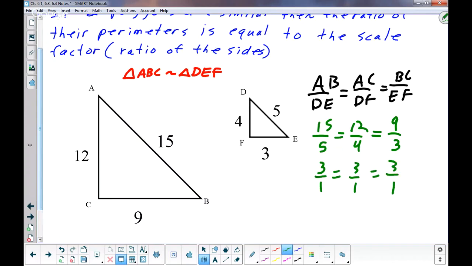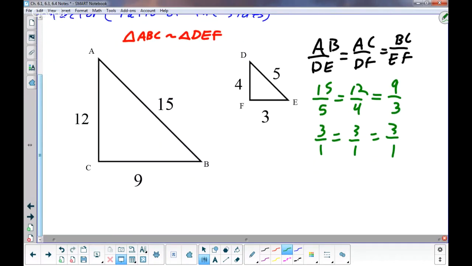So let's do the perimeters of each of them. So the perimeter of triangle ABC is 12 plus 15 plus 9. And so think about it, 12 plus 15 is 27, plus 9 is 36.